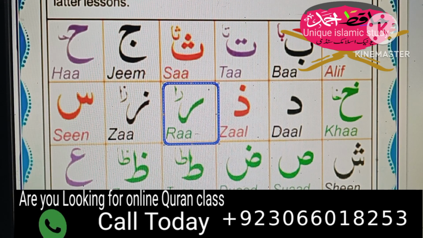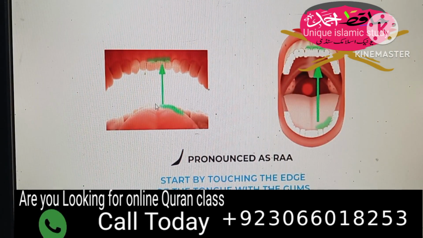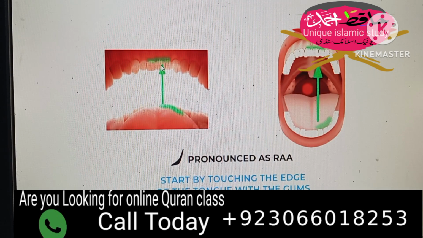Let me show you the origin of Ra. This is the inner view of mouth. This is the edge of tongue. These are the first three upper teeth.